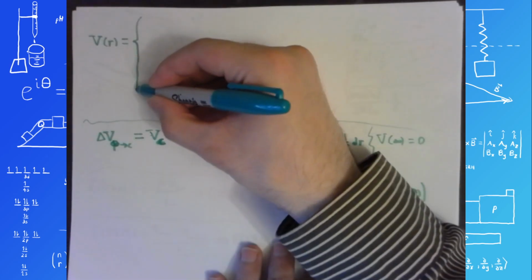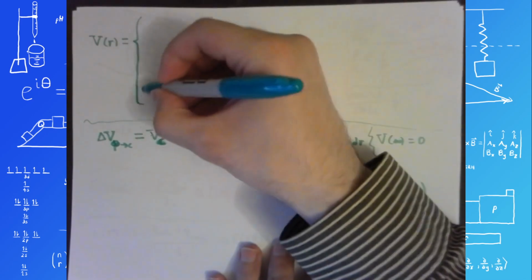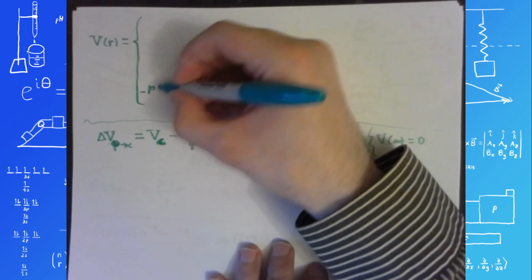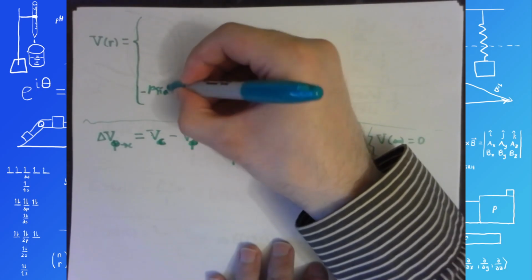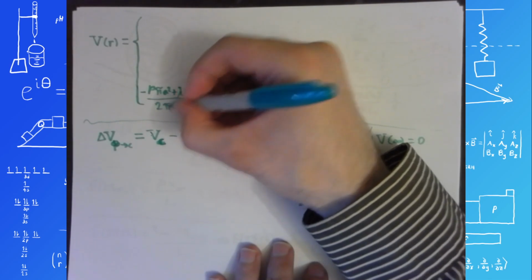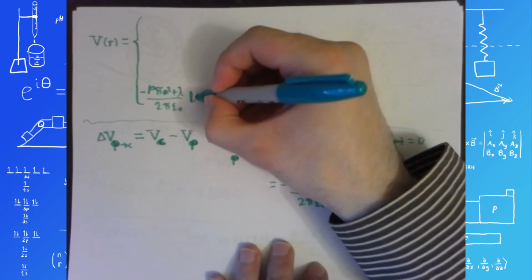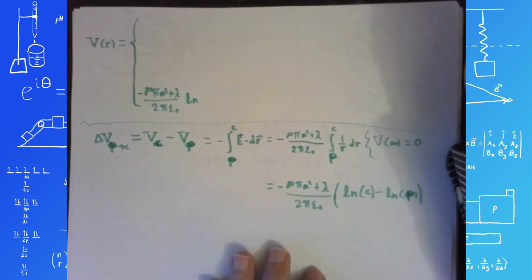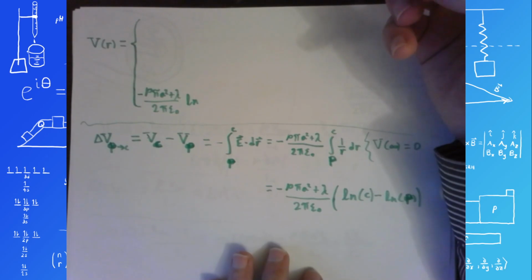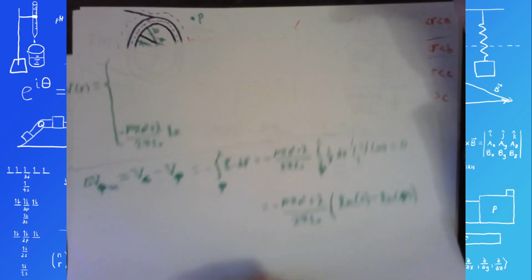So for our outermost region, we've got negative rho pi a squared plus lambda over 2 pi epsilon naught times the natural log of, and come to think of it, I should call this R and not C. I made the same mistake as last time.